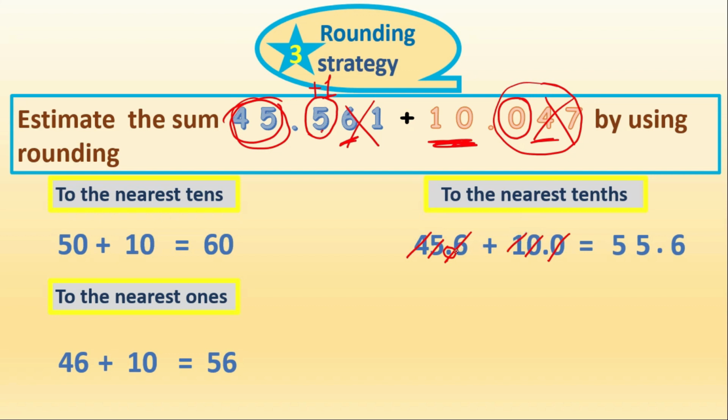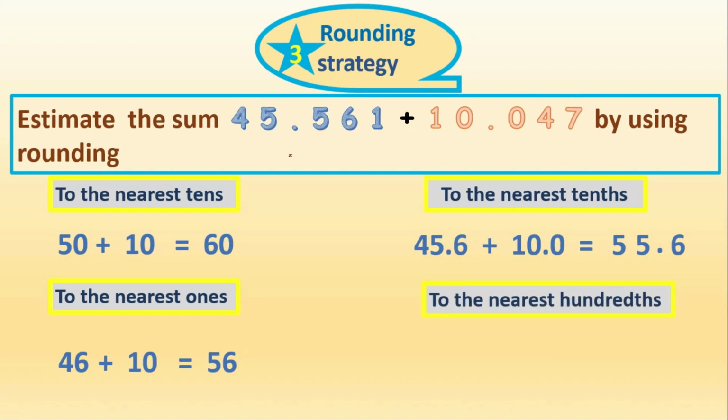Okay, the next place value, to the nearest hundredth, so circle the hundredth digit. Look at the first number, 45 and 561 thousandths. After the decimal point, tenth and hundredth, so circle the hundredths digit. Look at the next digit, 1.